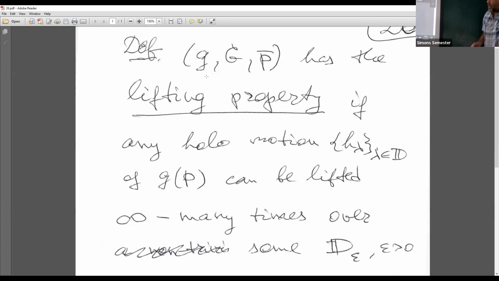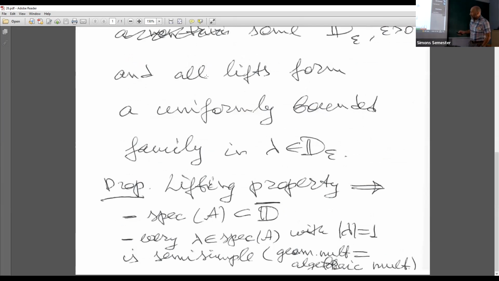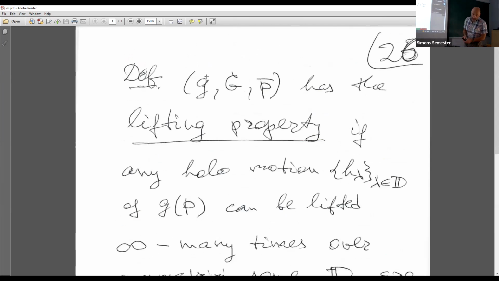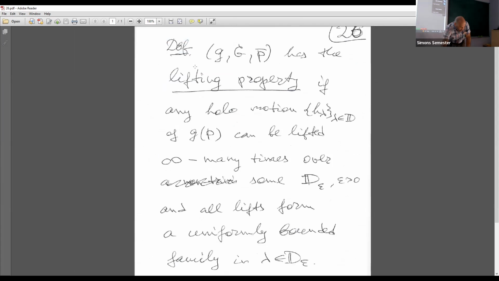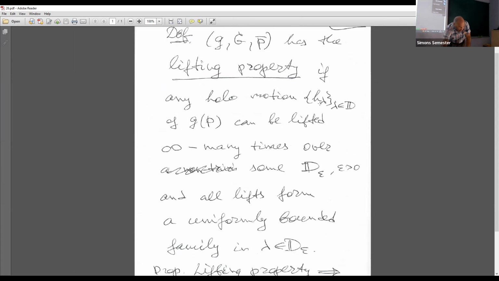We say that this holomorphic deformation has a lifting property if any holomorphic motion of this finite set can be lifted infinitely many times, time after time. You start with a first holomorphic motion h of lambda, then you consider its lift h1 lambda, then you consider the lift of the lift, and so on.